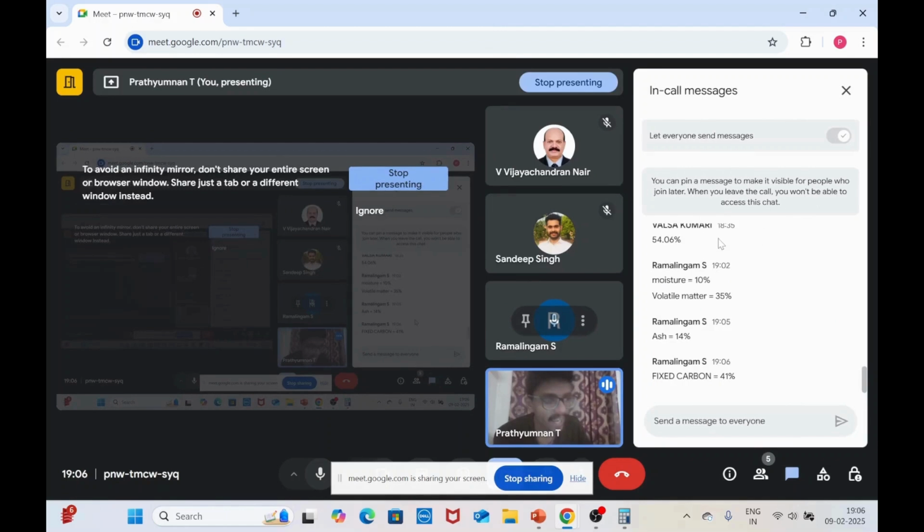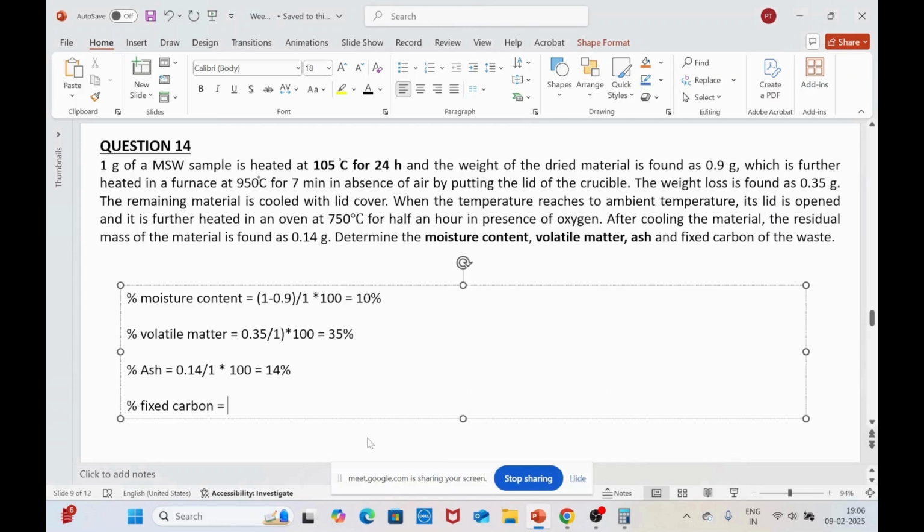And how did you calculate this 41 percentage? Yes. So whatever the remaining will be percentage of fixed carbon. So this will be nothing but 100% minus percentage of volatile. Let me write it in sequence: moisture plus percentage of volatile plus percentage of ash.